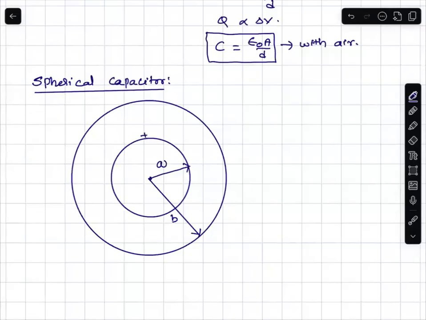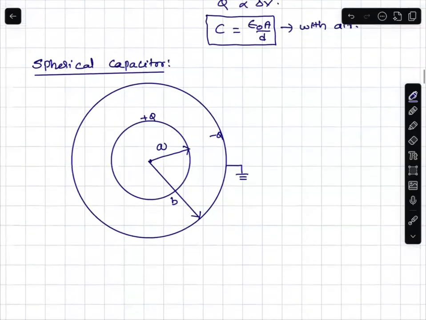I am giving some plus Q charge to the inner one. For a while, I am assuming the outer one is earthed. Obviously, you will have minus q charge here. Any doubt till this point? Now, whatever field lines emanate from the surface of the inner sphere end on the inner edge of the outer one.